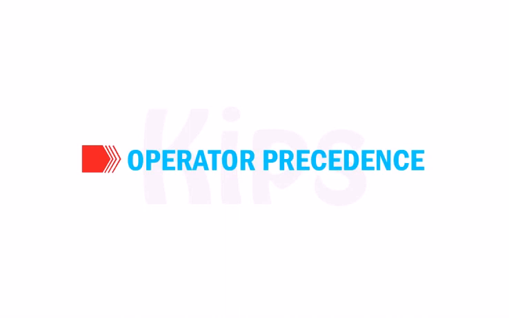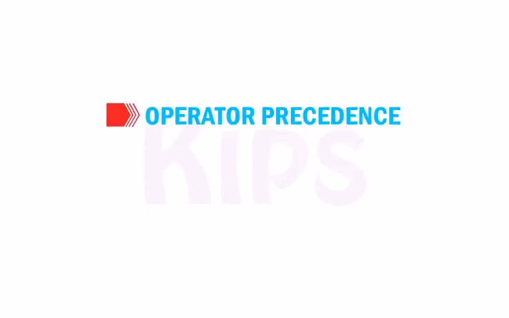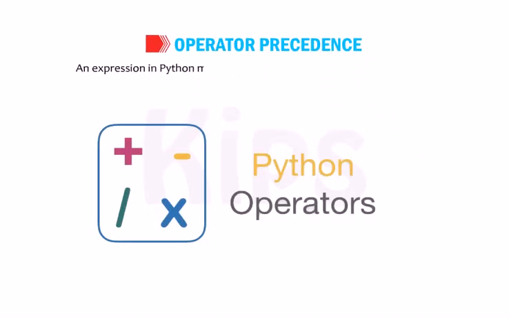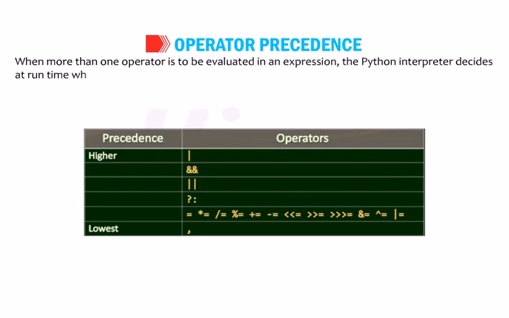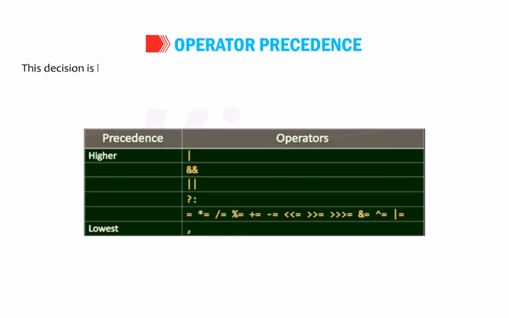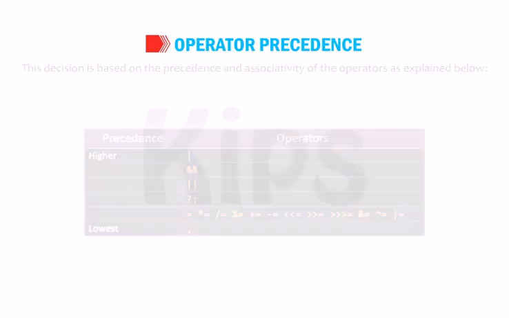Let us know about operator precedence. An expression in Python may have more than one operator involved in it. When more than one operator is to be evaluated in an expression, the Python interpreter decides at runtime which operator should be evaluated first. This decision is based on the precedence and associativity of the operators as explained below.